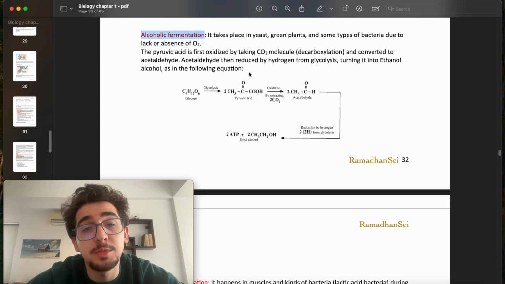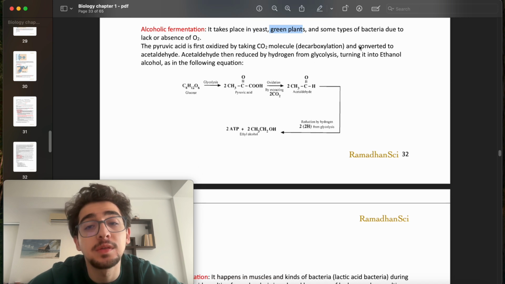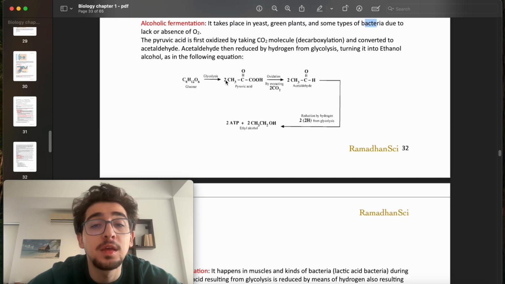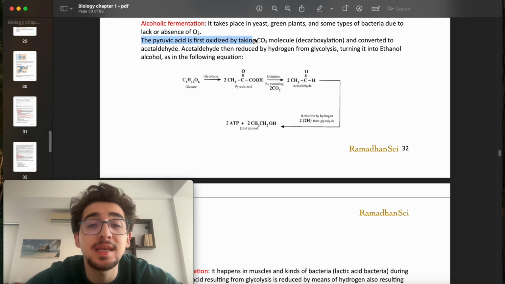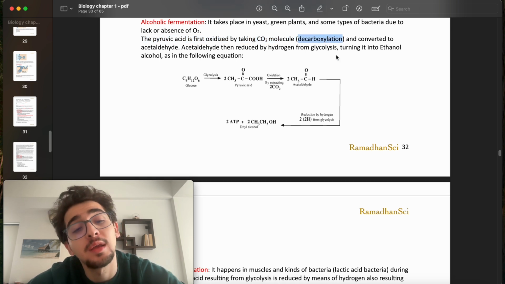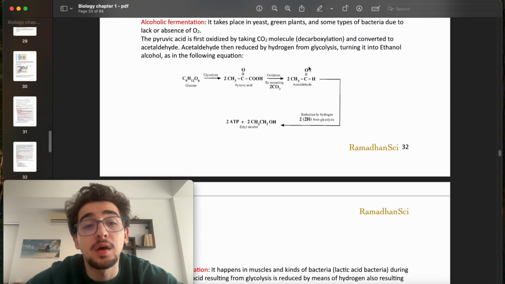In alcoholic fermentation, it takes place in yeast, green plants, and some types of bacteria. First, the pyruvic acid is oxidized by losing a CO2 molecule, which we can also call decarboxylation, but it's not mentioned in the book, so you don't have to mention it. The pyruvic acid will then be converted into acetaldehyde by oxidation.